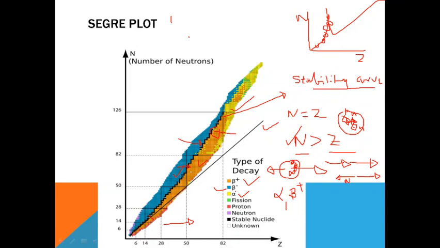The beta minus particle increases Z, while beta plus and alpha emission decreases Z. So this is the Segre plot, which gives you an account of how nature behaves and how nature is biased towards large number of neutrons and the reason for that.